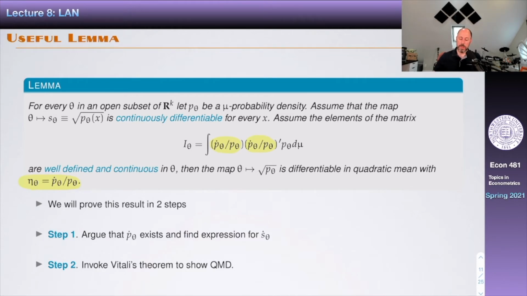A word of caution here, or not a word of caution, it's sort of a comment, I'll say. There are different versions of this lemma, depending on the book that you look at. Some will say you can actually prove this using absolute continuity instead of continuous differentiability. Some will give you that this mapping is well defined as part of the result.